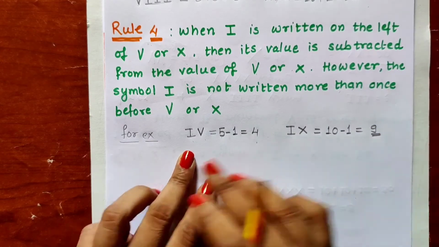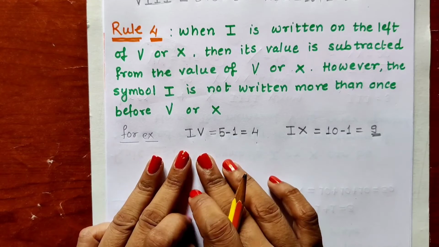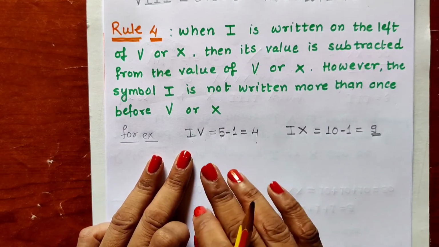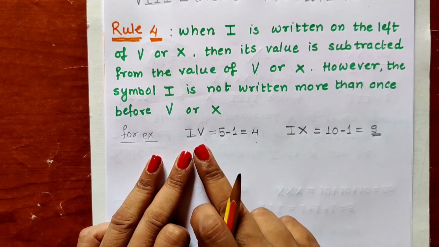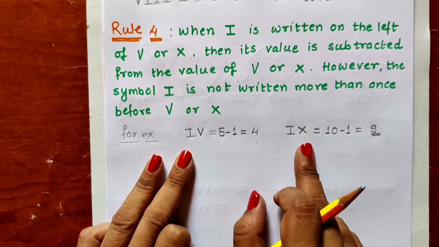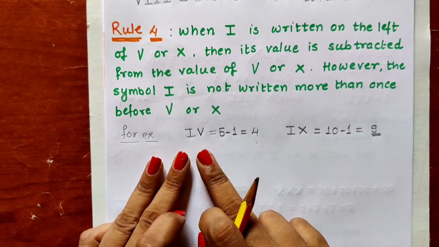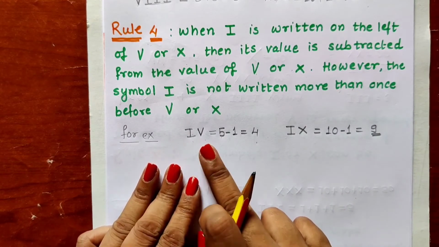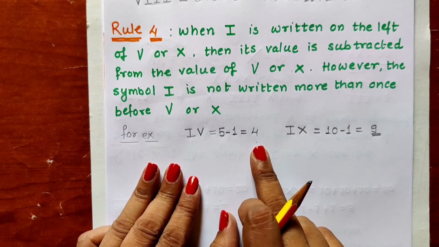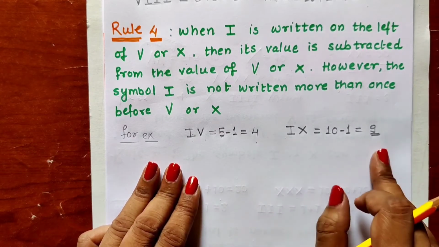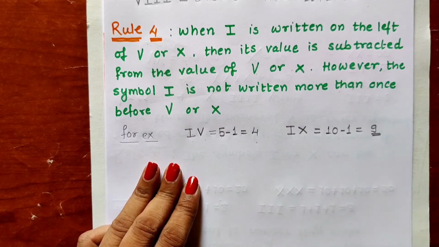So when I is written on the left side of V or X, its value should be subtracted from the value of V or X to get the value of that symbol. So symbol IV is equal to 4. Symbol IX is equal to 9.